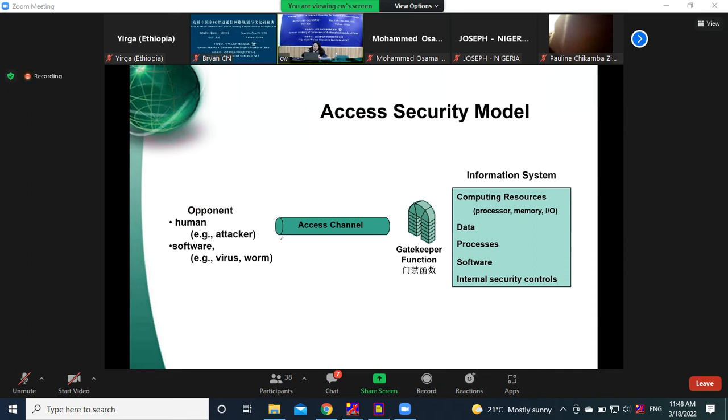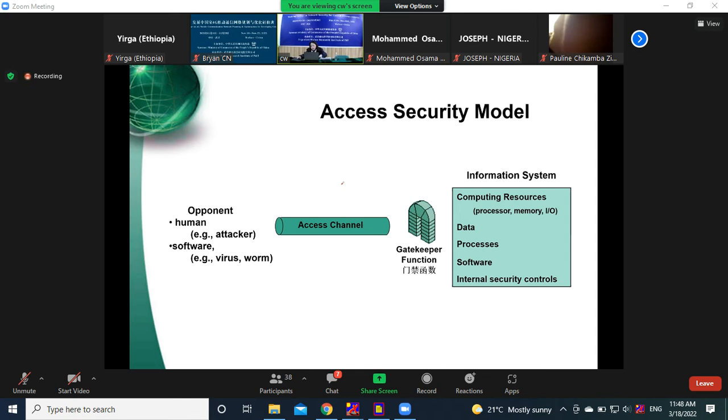This is the access model. We can use the access channels to access the information system, and in this way we will use the gatekeeper functions.